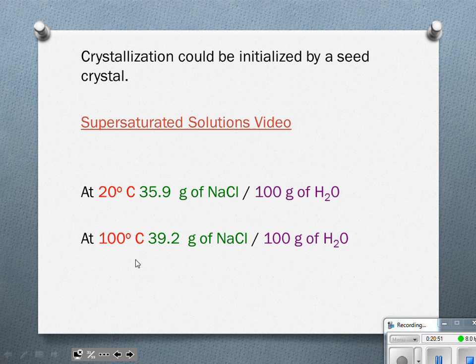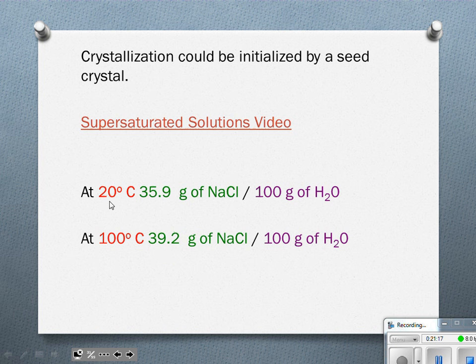Now look at right here. I don't know if it's necessary to write these down, but at 100 degrees Celsius, I can dissolve 39.2 grams of salt per 100 grams of water. At 20, I can only do 35.9. So if I heat this up to 100, and I have 35.9 in there, right?